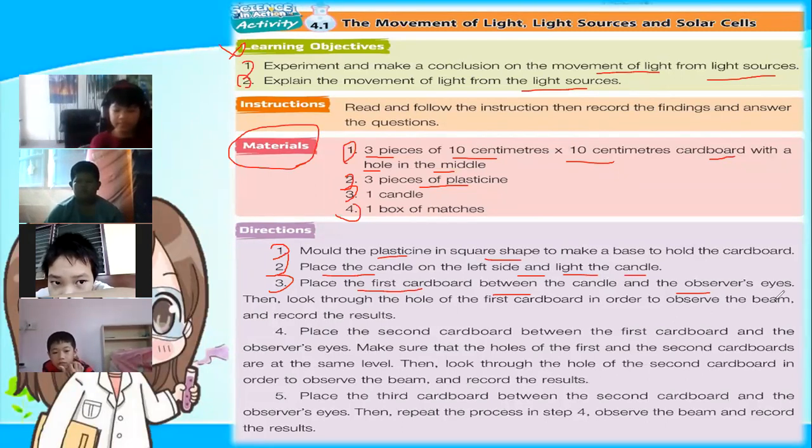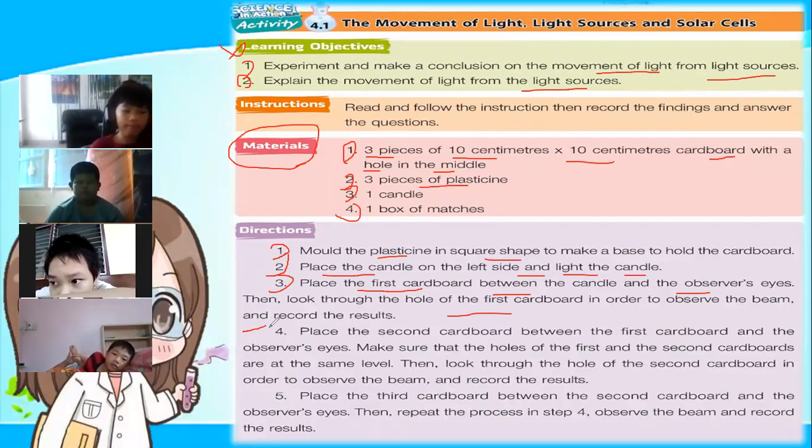We put our eye to the hole to observe. Then look through the hole of the first cardboard in order to observe the beam and record the result.